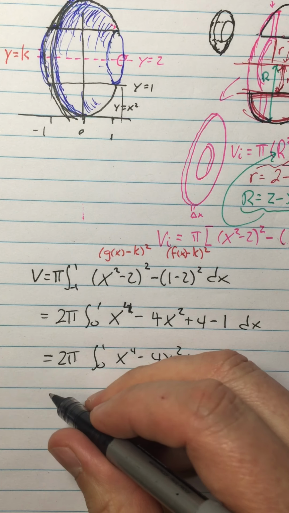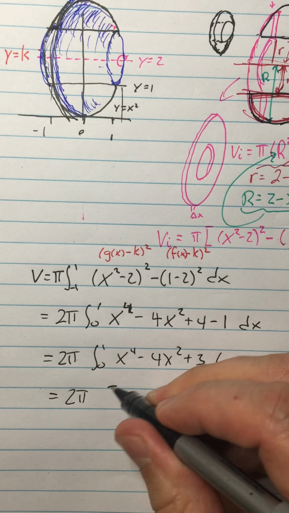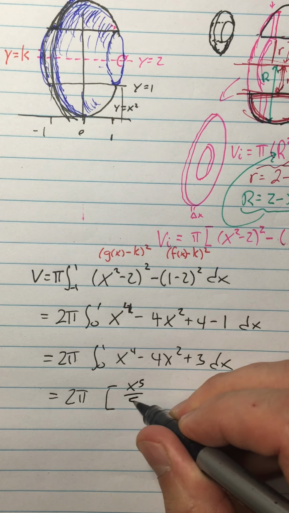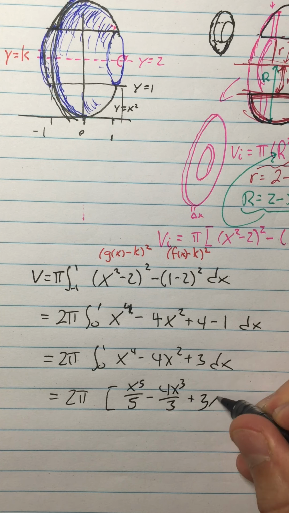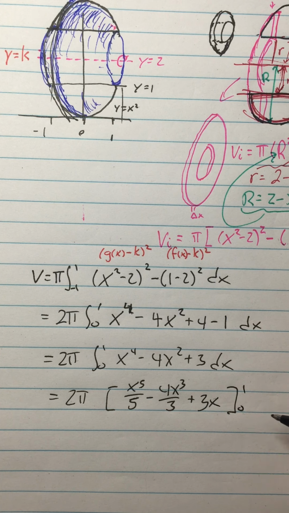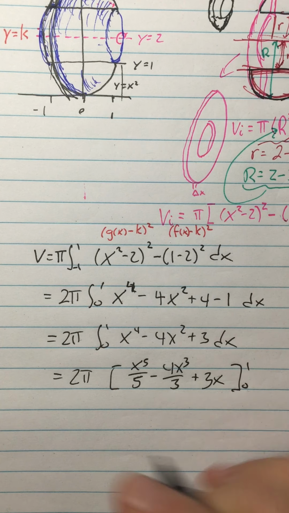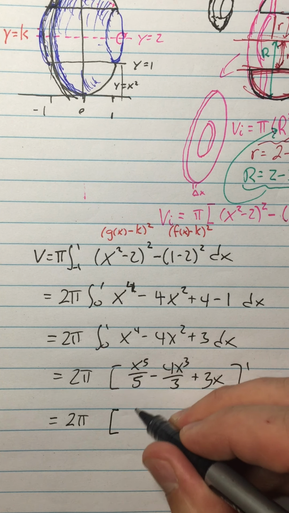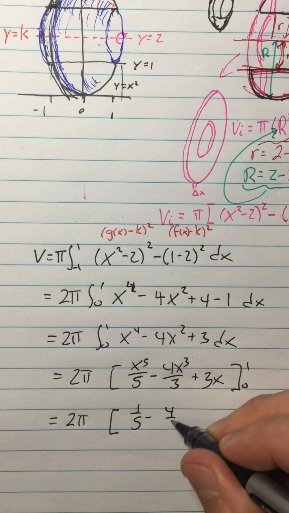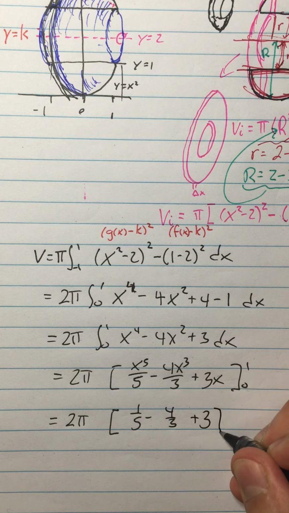So I have 2 pi times x fifth over 5 minus 4x cubed over 3 plus 3x, going from 0 to 1. I won't bother to plug in the 0. We'll just plug in the 1. So I'm going to have 2 pi times 1/5 minus 4/3 plus 3.